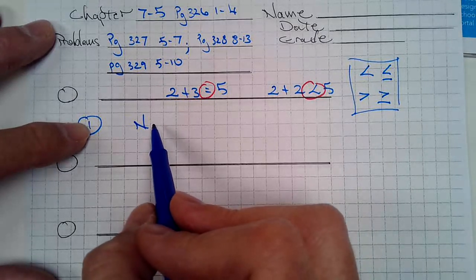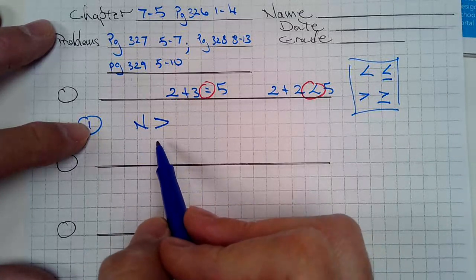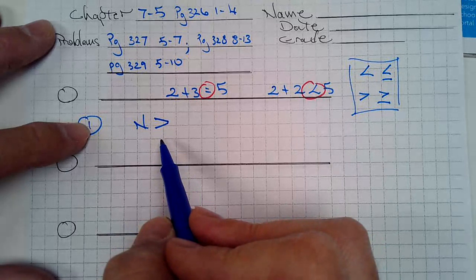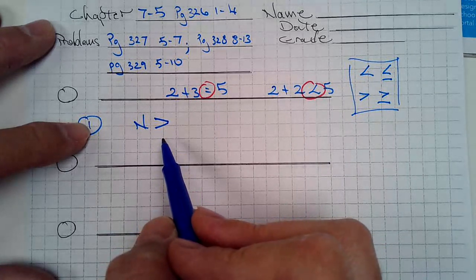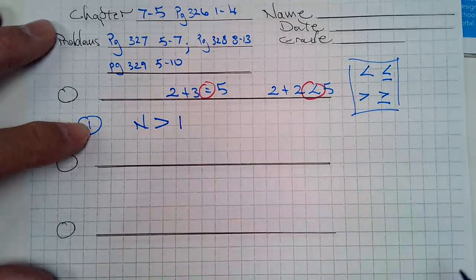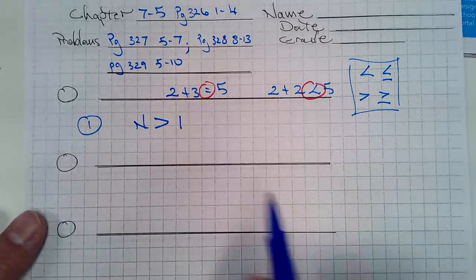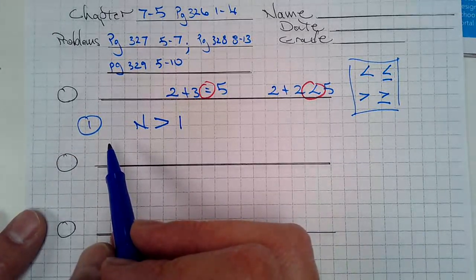So I can write the symbol for greater than. Does it say greater than or equal to? No, it says just greater than. So n is greater than 1. That's the answer to number 1 on 326.